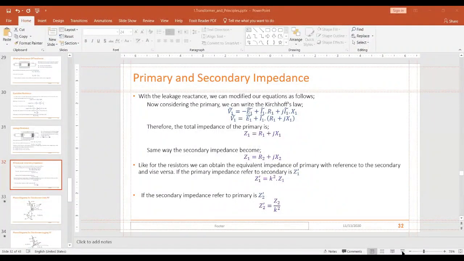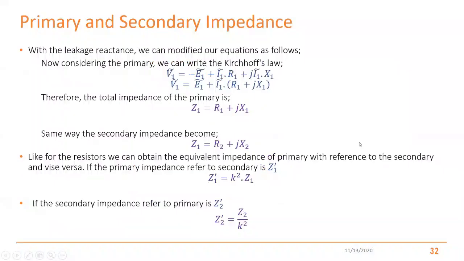With the inclusion of that, you can do that. It is not a big deal. You can use these equations, and you can write the same kind of equation for V2 as well.